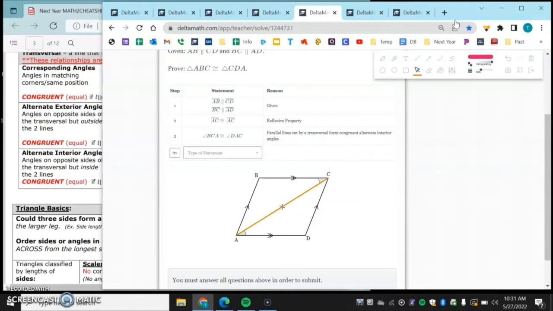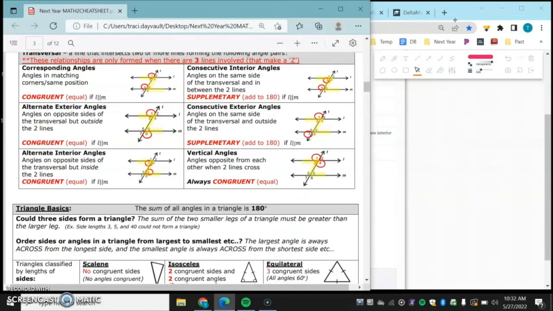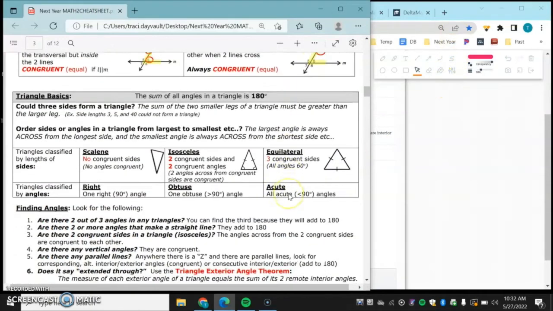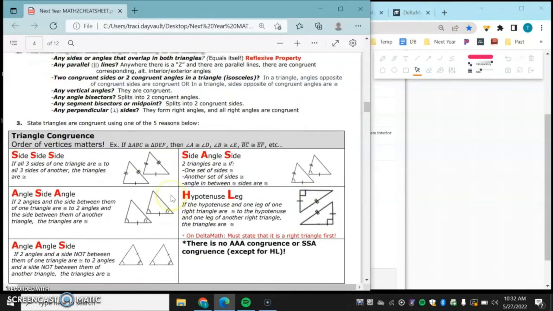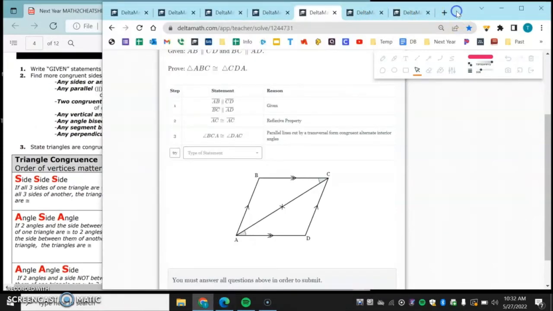So now I have a side and an angle. Parallel doesn't tell me that anything is congruent. So I still need something else based on the fact that I'm using one of these five. So let's see if we can find any other sides or angles. Again, we have not used the fact that these two lines, AB and CD, are parallel.